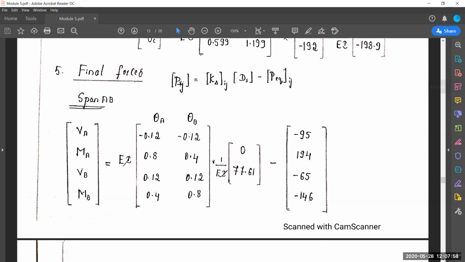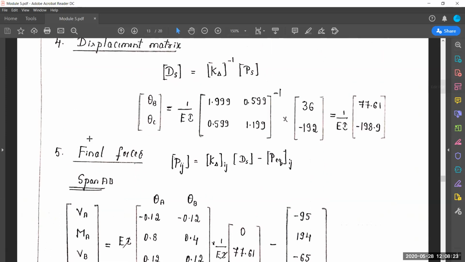Pij means i is one joint and j is another joint. Here, which are the joints? AB, no. So here you have to replace: PAB equals K delta of AB. Like that. Ij is just a general notation given here. So for span AB, the same order you have to follow. Why am I following the same order? BA, then MA.